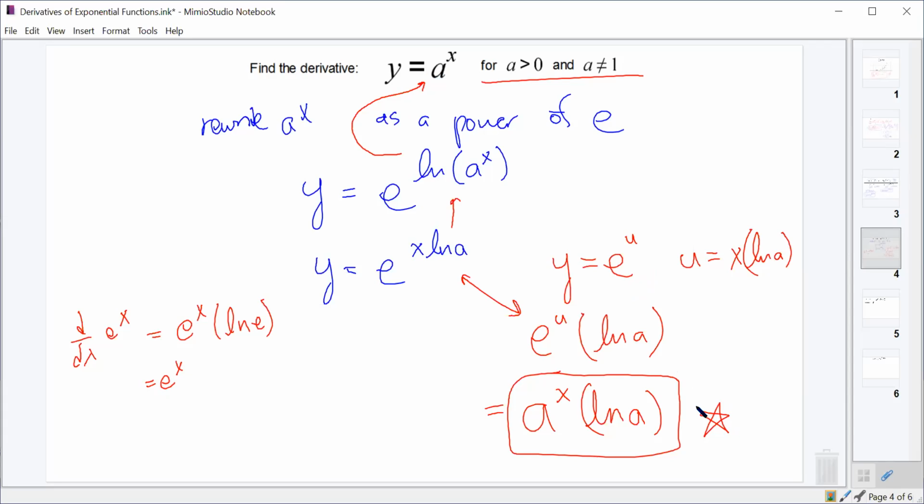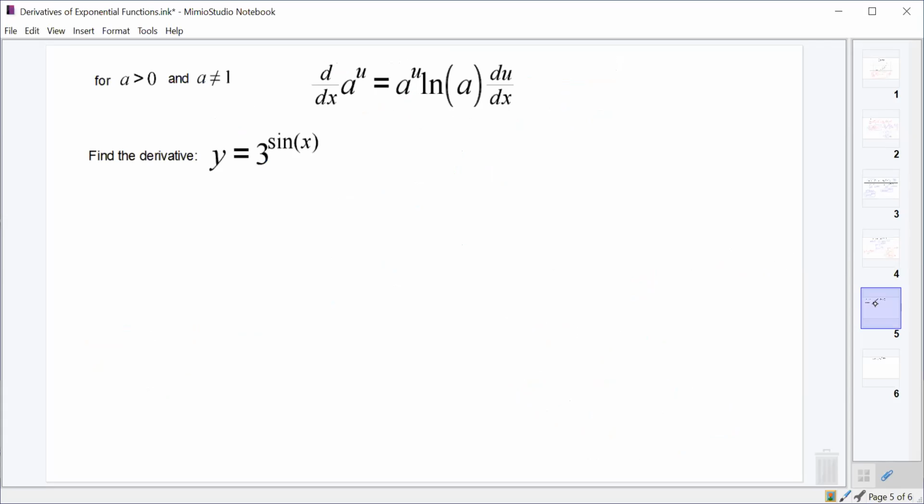All right. Could we apply the chain rule to this derivative of a to the x, make it a to the u? Yeah, we could. If I had a to the u, the derivative ought to be a to the u times the natural log of a still, and then times the derivative of u. So let's do a couple of these and then we're going to be good for the day.